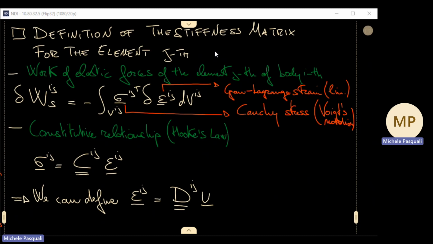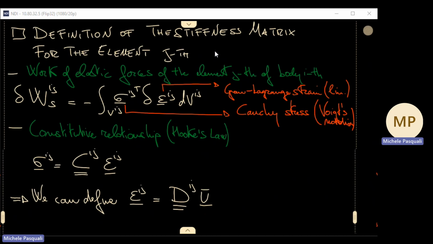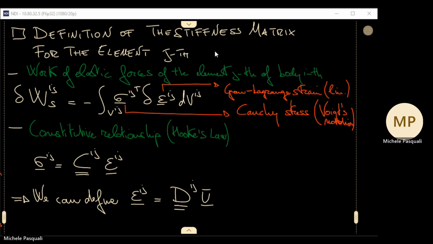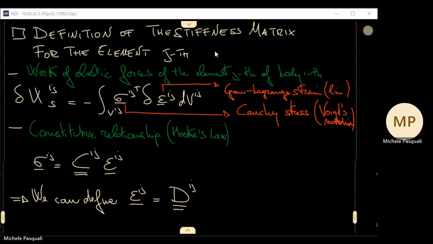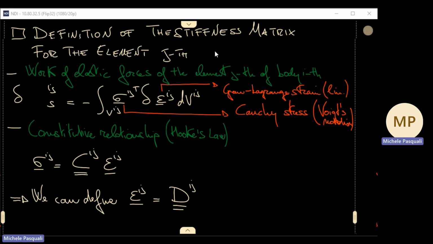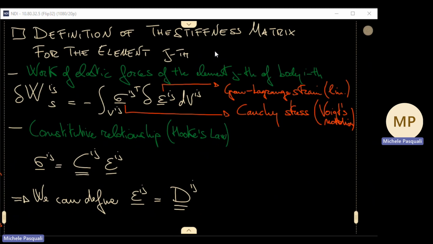The vector of deformation-induced displacement. Let me just stress out: this is a capital W, and it's the work, virtual work. Here we have a small w. If you remember, small case w is the deformation-induced displacement at element level.